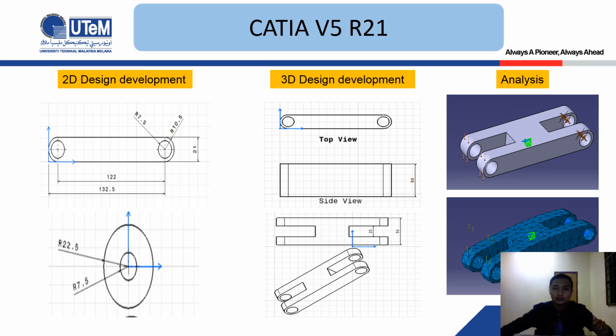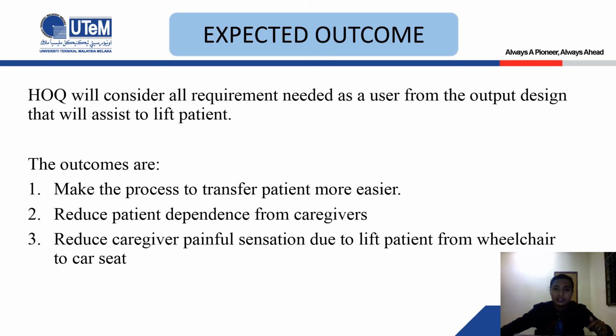This process uses two different materials, aluminium and steel, based on the common manufacturing market of manual wheelchairs. This analysis is to determine the structural effect and the effect of material. Lastly, this is my expected outcome.